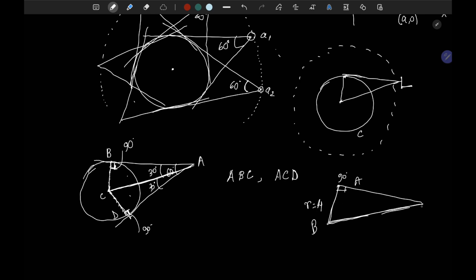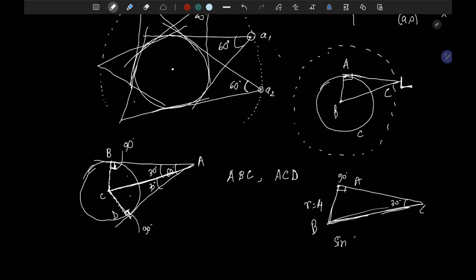This is A, B, C. This is also your A, B, C. So what is your BC? Your BC is nothing but the radius of the larger circle, or radius of the circle given by L, the locus. So simply apply this, this angle is 30 degree, so you can simply apply sine 30.